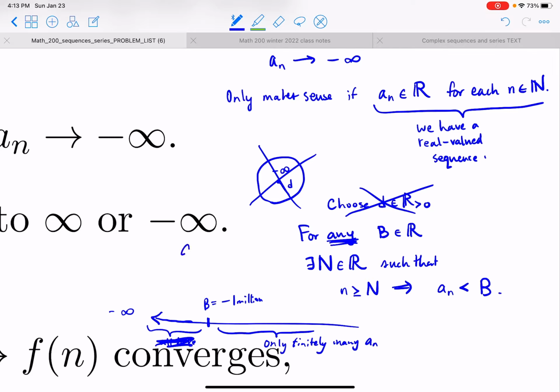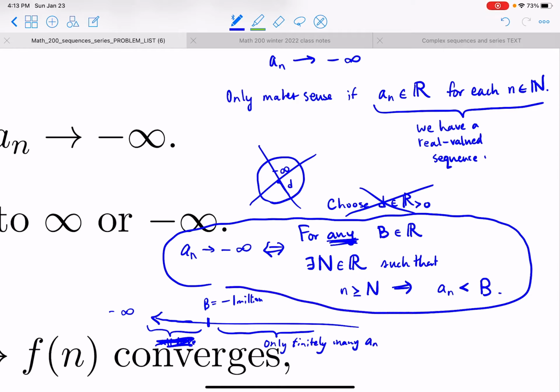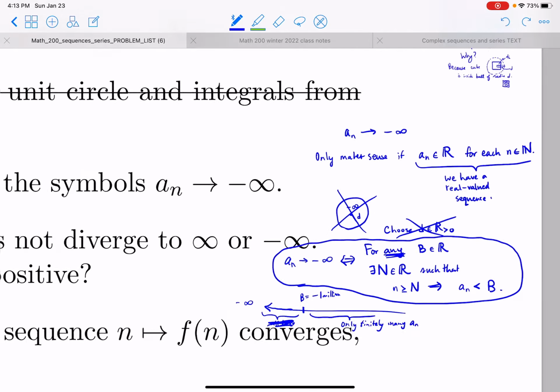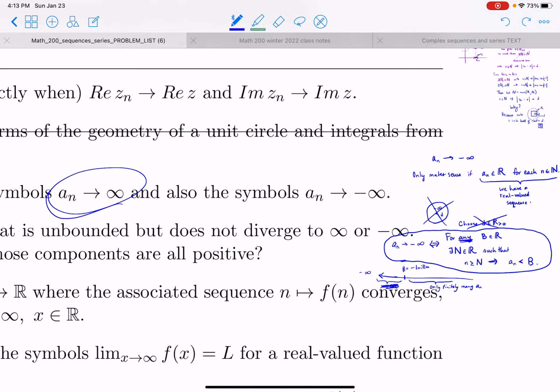So a sub n to negative infinity means this. For any b, for any real number, there exists a cutoff that when you're past that cutoff, you're less than b. If that's true for any real number, then we say that the sequence goes to negative infinity, or diverges to negative infinity. Okay. Then you wouldn't be done. You'd also have to figure out what this means, but it's very similar.